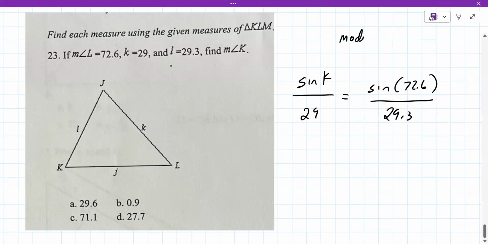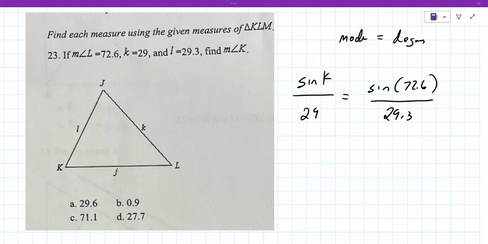Important thing here is to have the mode in your calculator. You always want to check that. Sometimes you let your friend borrow your calculator, you get it back, it's in radians and you fail the test because you had the wrong thing the whole time. So don't do that. Always double check what it is.